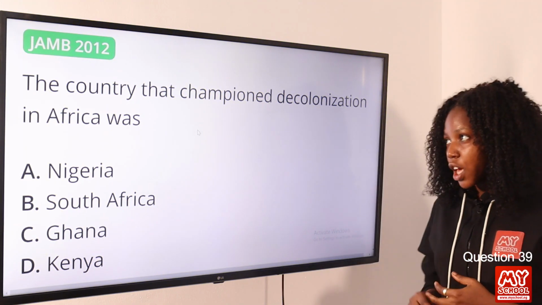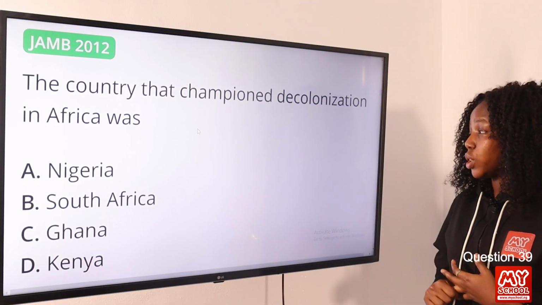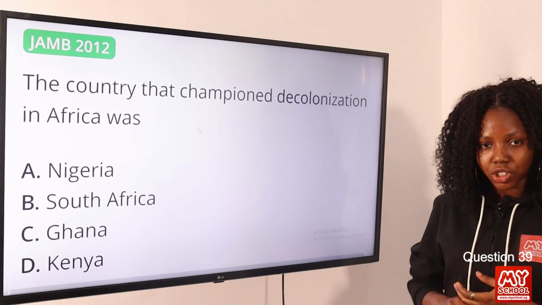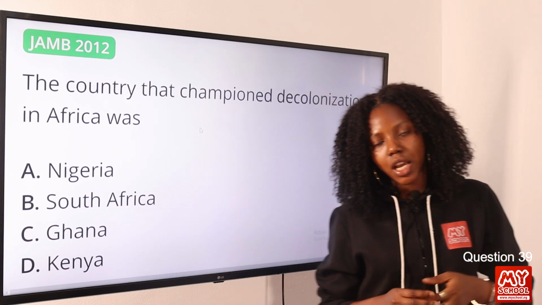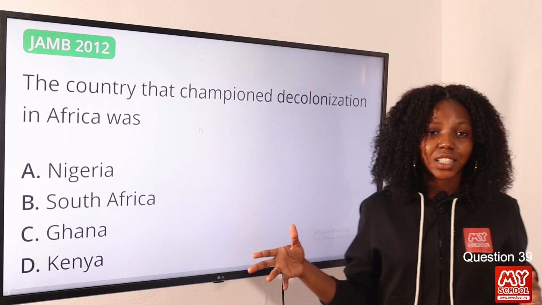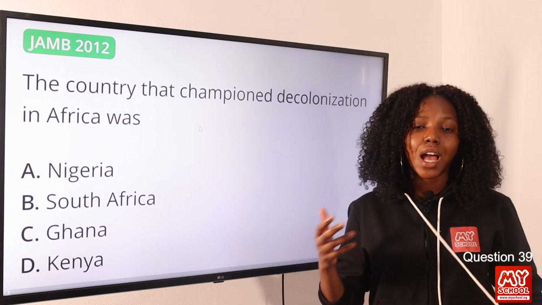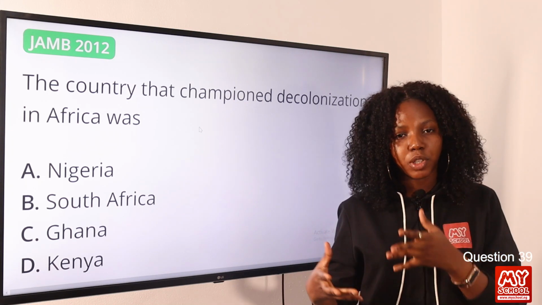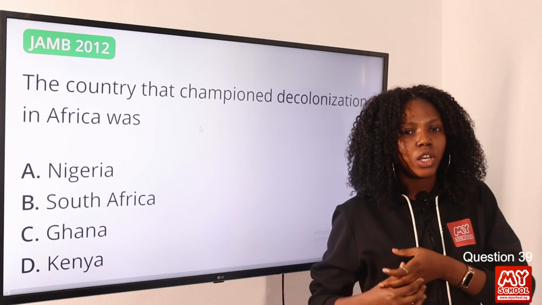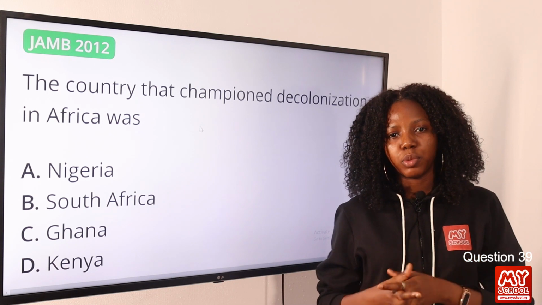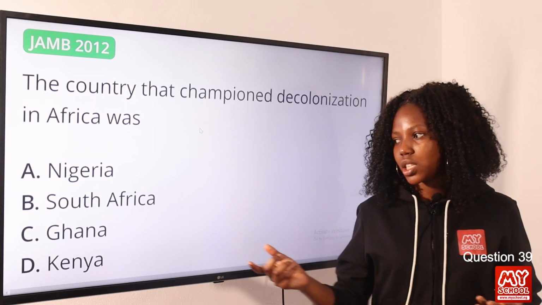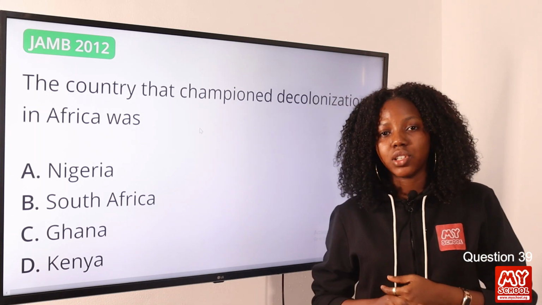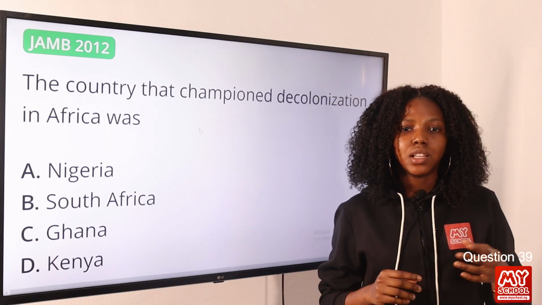Question 39. The country that championed decolonization in Africa was dash. The answer to this question is option C, Ghana. Now, in this context, champion actually means the first, because all of these countries fought for independence, but the first to actually pull through from decolonization is Ghana, and they did this on the 6th of March 1957.